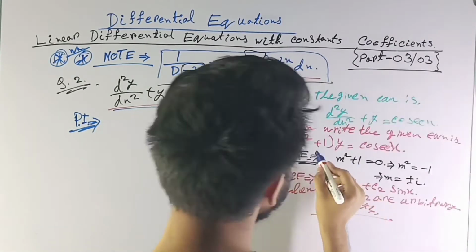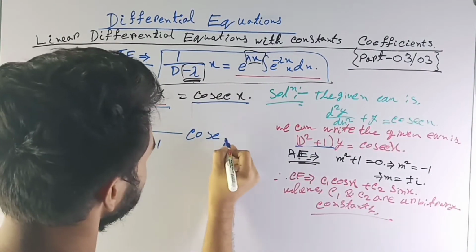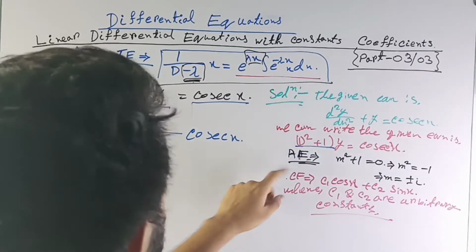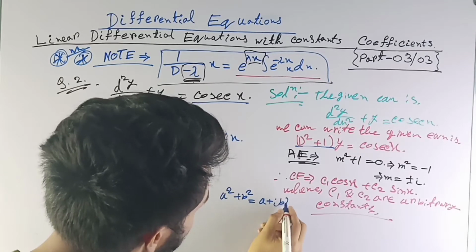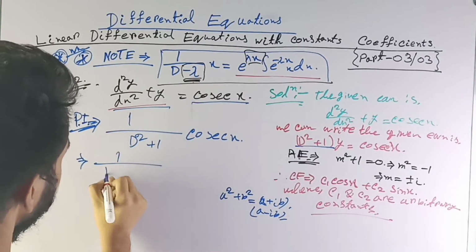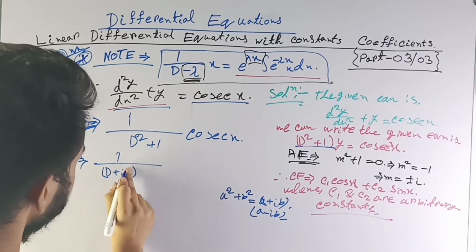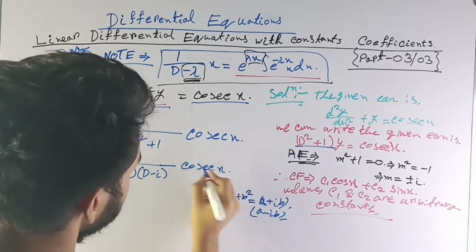So now first of all, PI equals 1 by D square plus 1 of cosec x, that's it. And now a square plus b square equals a plus ib times a minus ib. Also write here D plus i times D minus i, of cosec x.